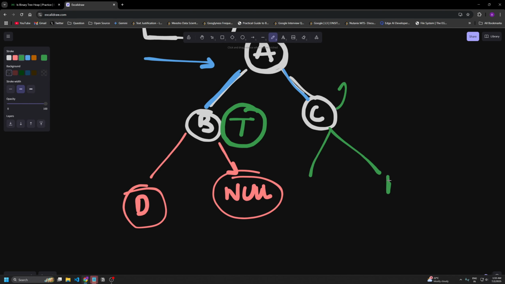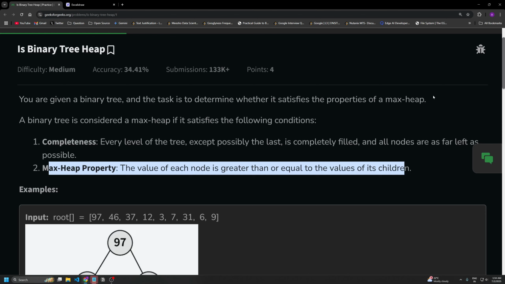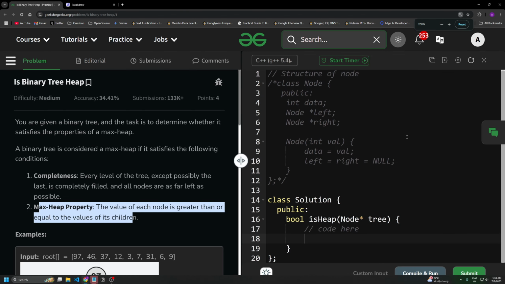Let's say that C has some children, D was already mentioned, F. So now if we have traversed the children of C at this point, we would have quickly caught it. We would have immediately caught that, look, F exists, and someone has already set this flag as true. So that's how we are going to solve this problem using the BFS based approach. So I hope it makes sense to you guys. Let me actually try to code this thing.